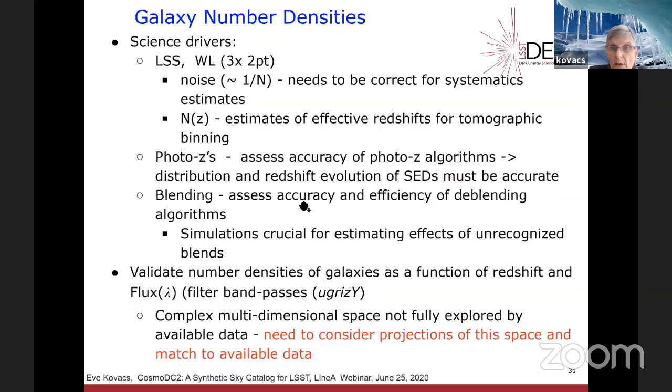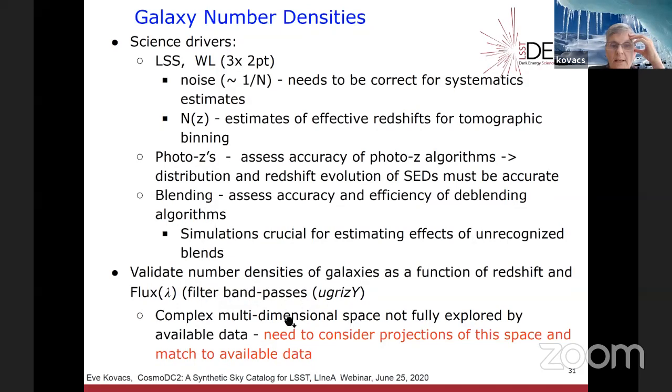Blending is obviously important. The number density on the sky is important to assess the accuracy and efficiency of deblending algorithms, and for recognizing unrecognized blends, or for evaluating the effects of unrecognized blends. So what we'd really like to do here is to validate number densities of galaxies as a function of redshift and flux in the filter bandpasses.